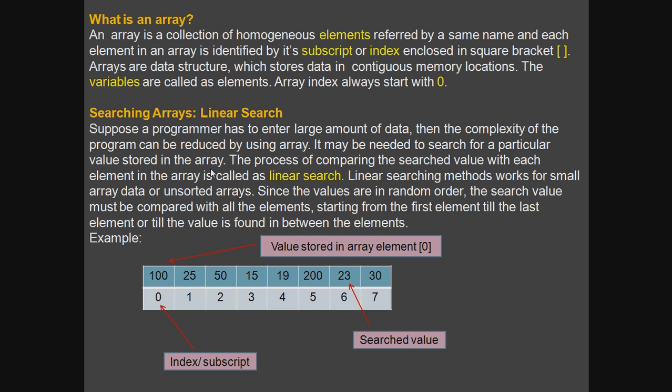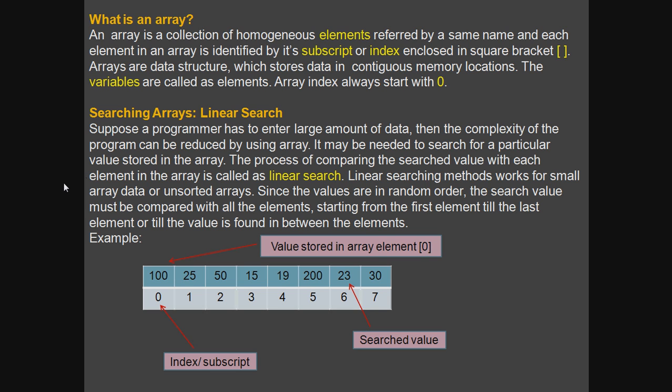Since the array stores the data index-wise, and the memory location is also in contiguous format, one advantage is that searching for the data in the array becomes much easier.